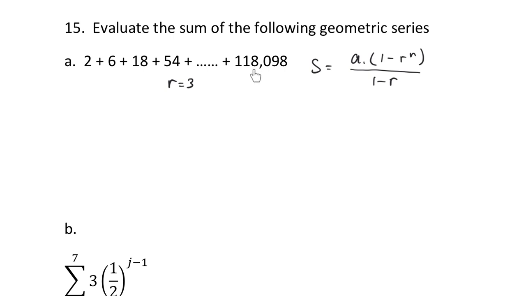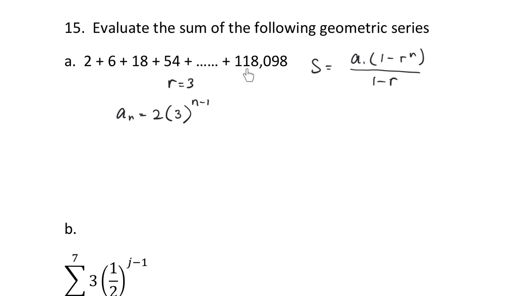118,098. We need to figure out which term that is. So we could use the explicit formula for this, which is a sub n equals first term times the base 3 to the power of n minus 1. This is an a sub n value, but we don't know its n value, so we could solve for it.